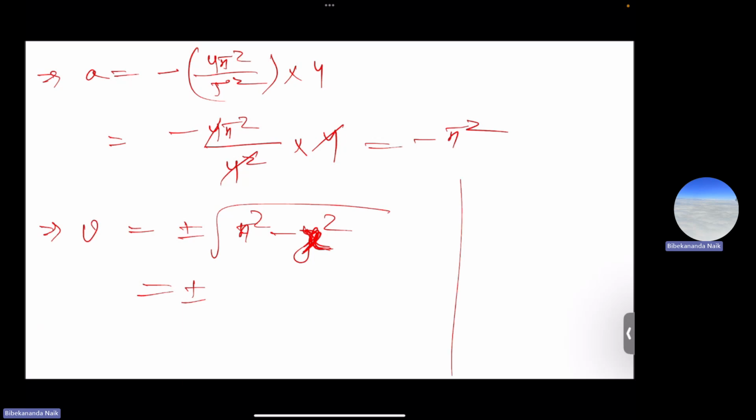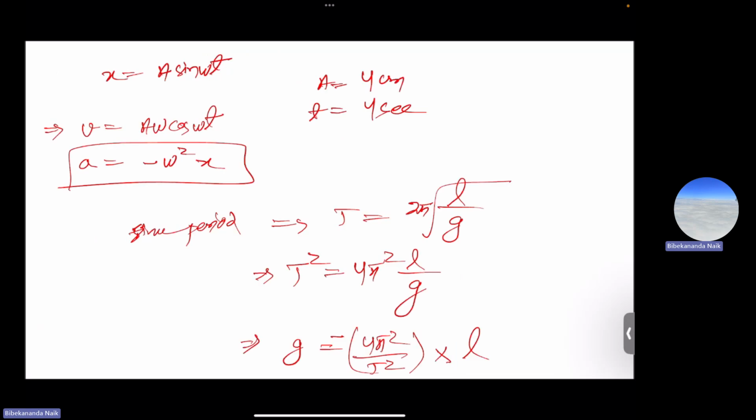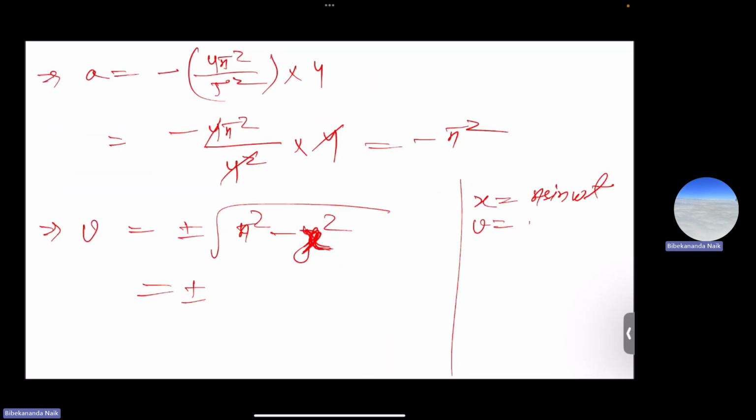So x equals a sin omega t, v equals a omega cos omega t, which is plus minus root over a square minus x square, which is 4 square minus 4 square root over, so 0.